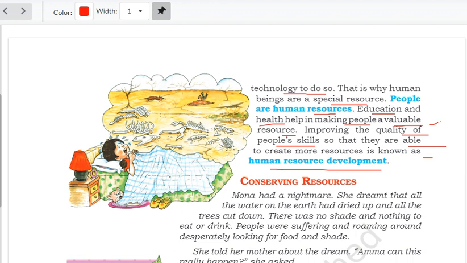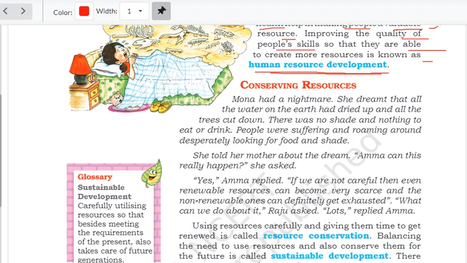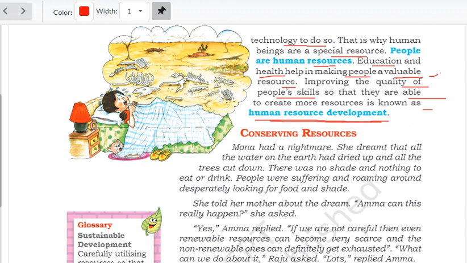With the improvement in the quality of people's skill, human resource development is created. Okay, conserving resources, that is, saving resources.